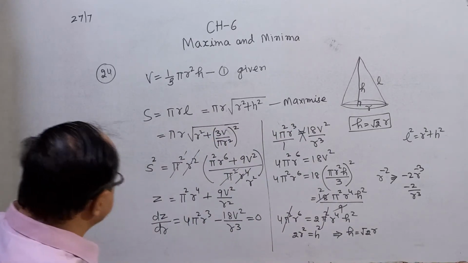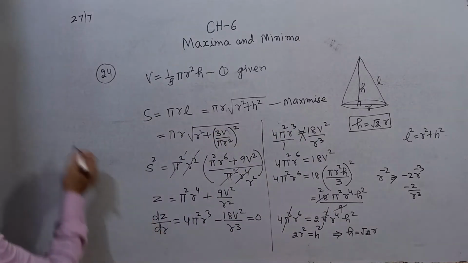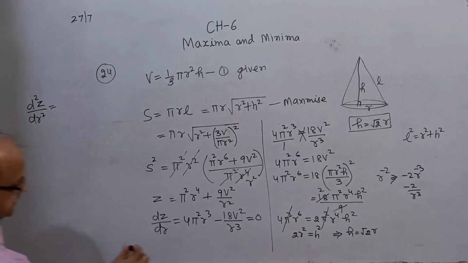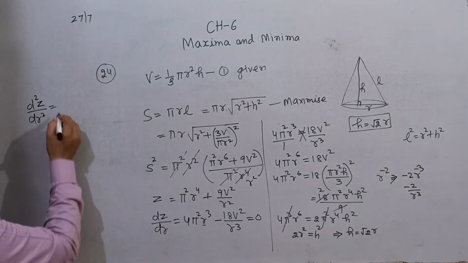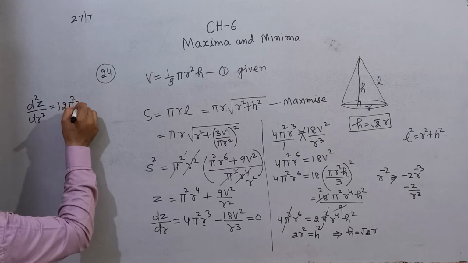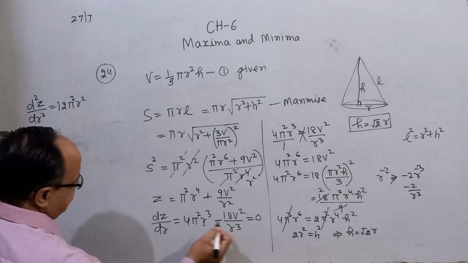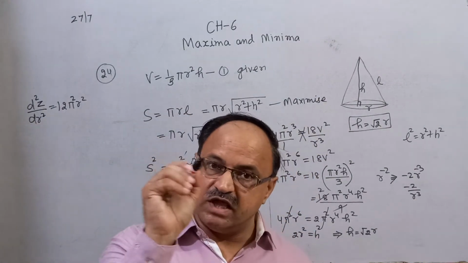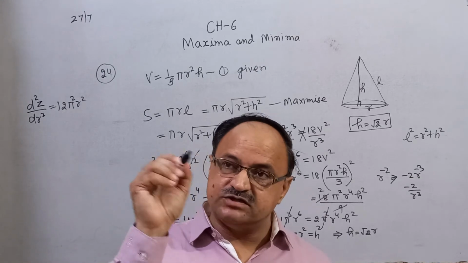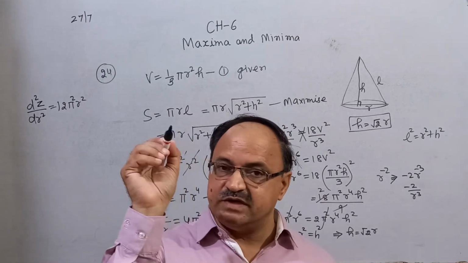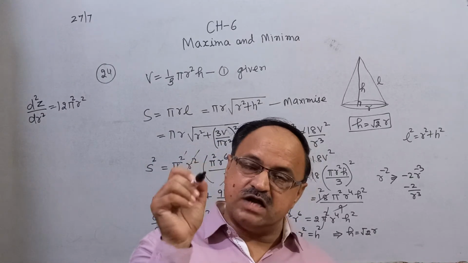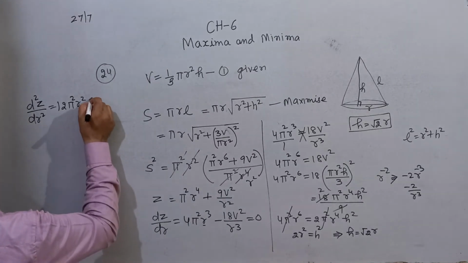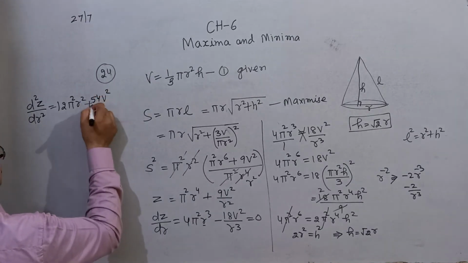Now we have to find the second order derivative. The second order derivative of this, d square z upon dr square. The derivative of this is 12 pi square r square. And the derivative of 1 by r to the power 3: you can write r to the power minus 3, and the derivative of r to the power minus 3 is minus 3 r to the power minus 4. Therefore, you can say that it is plus 54 v square upon r to the power 4.